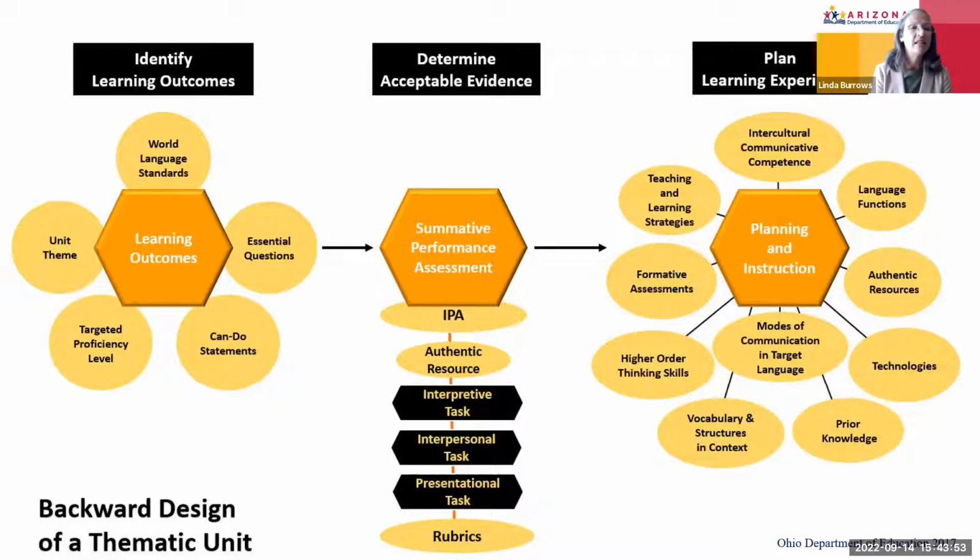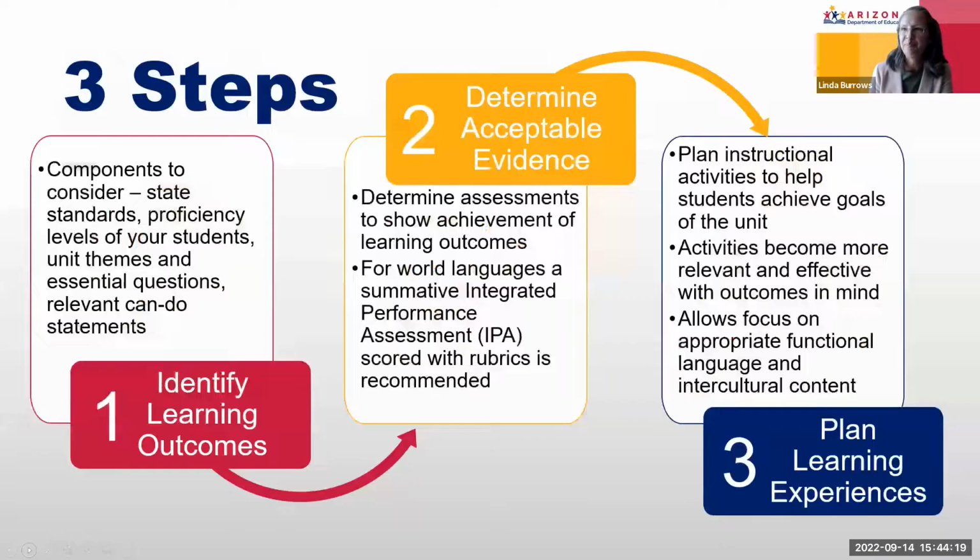We'll be getting into these in specifics, but basically it's three stages: identifying the learning outcomes, determining acceptable evidence that would meet those outcomes, and then planning the learning experiences. I found this to really encompass everything with regards to world languages, and with their permission, I am using it. In fact, they have a lot that we are going to be using today.